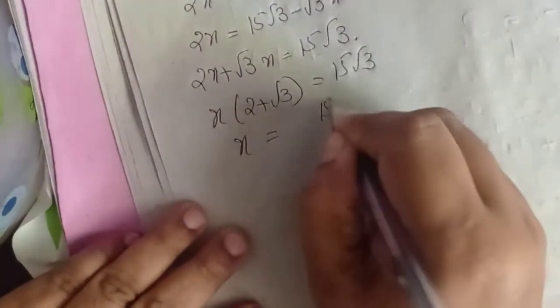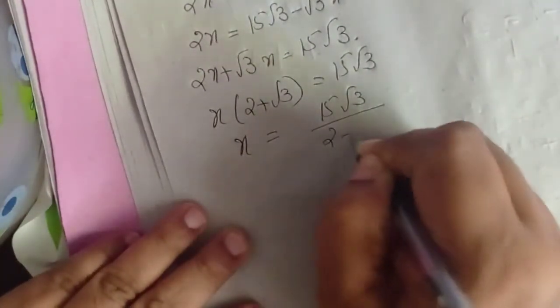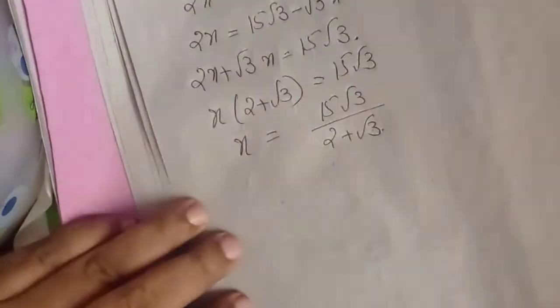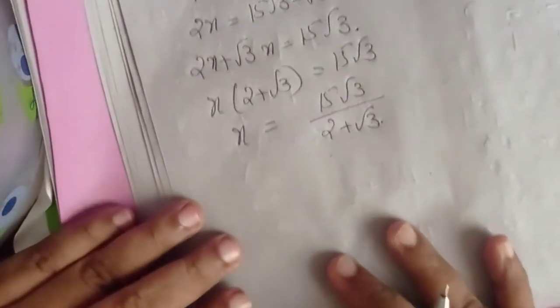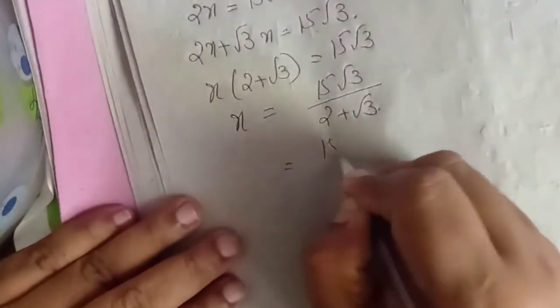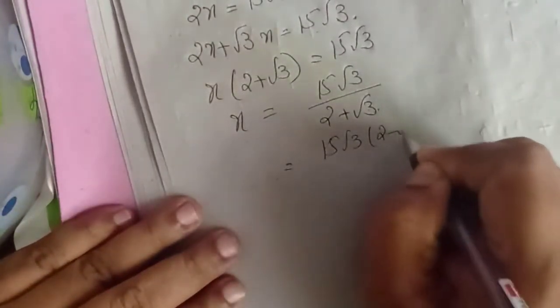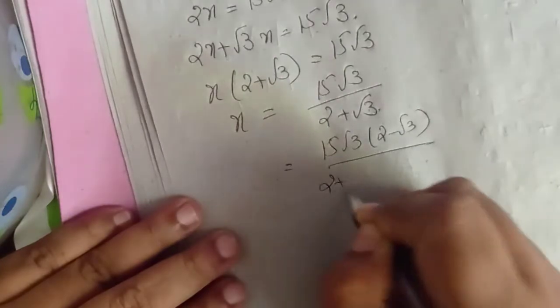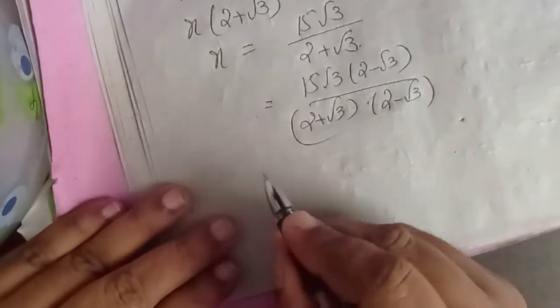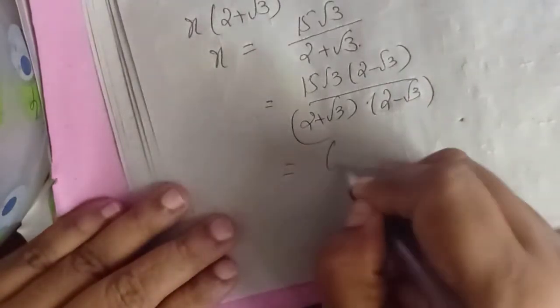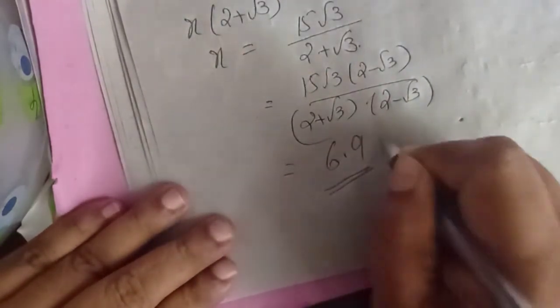X equal to 15 root 3 by 2 plus root 3. Say the step. Rationalize the denominator. 15 root 3 into 2 minus root 3 by 2 plus root 3 into 2 minus root 3. Do by yourself. The final answer is 6.9 meter. Do the calculation part by yourself.